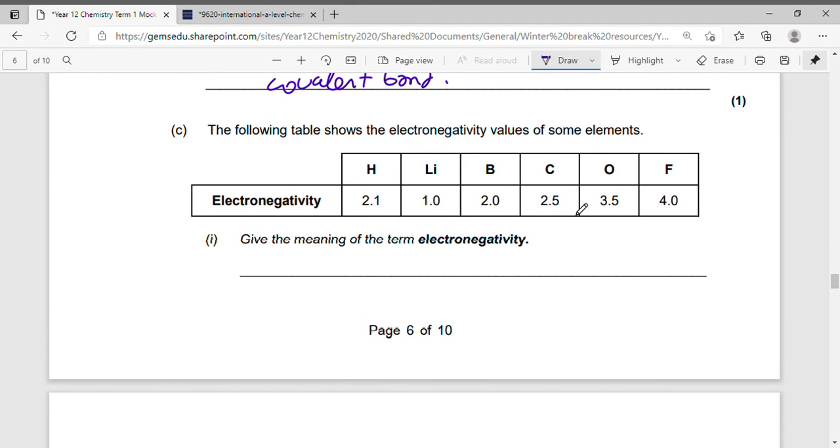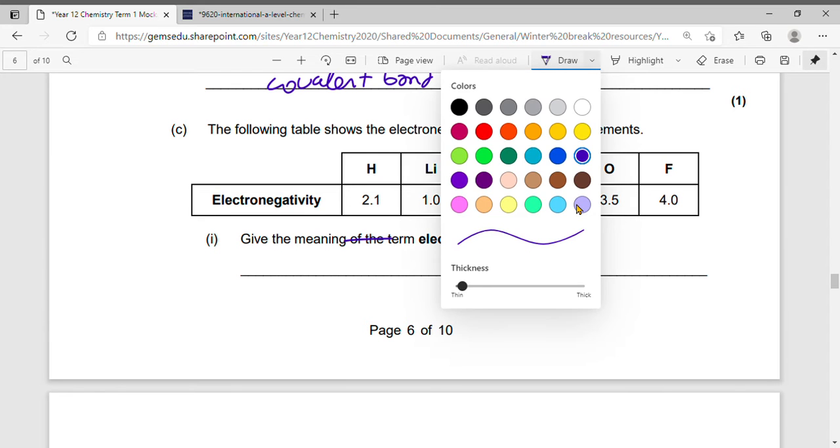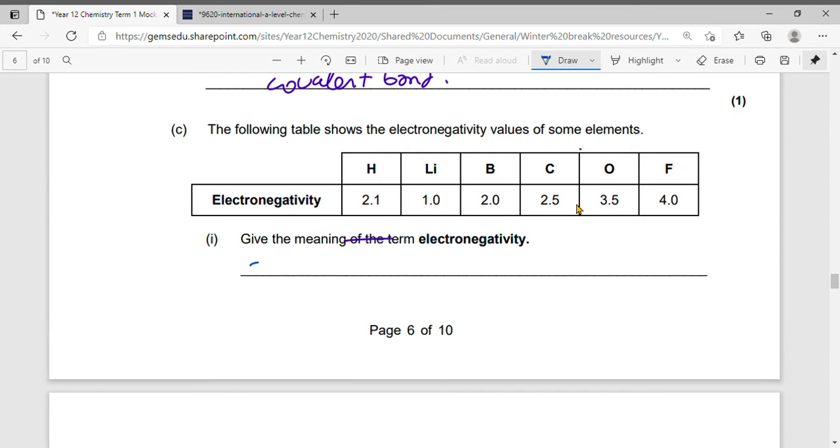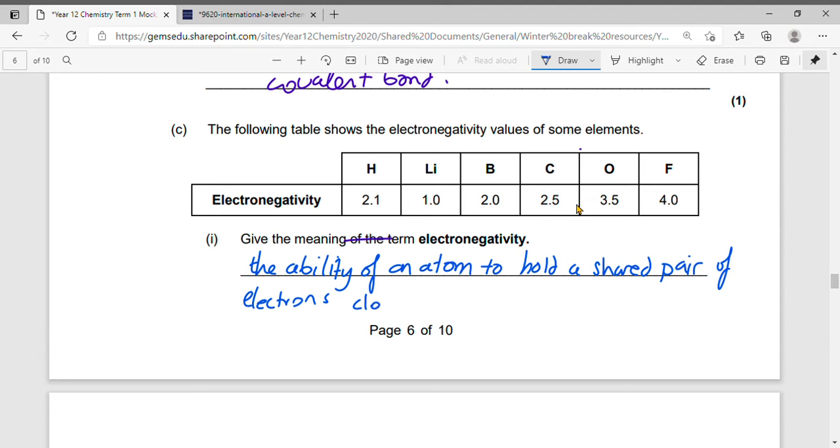The following table shows the electronegativity values of some elements. Give the meaning of the term electronegativity. Easy. The ability of an atom to hold a shared pair of electrons closer to it, perhaps.